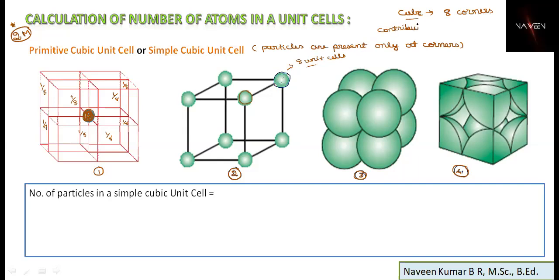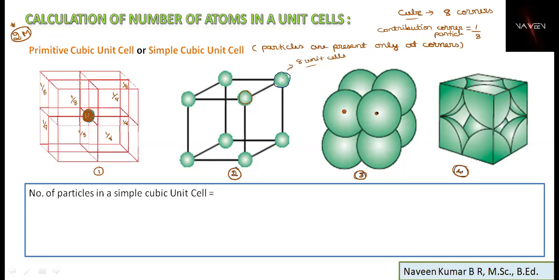Each corner particle will contribute 1 by 8 of its portion to its parent unit cell. Now that you understand how the corner particles are present and how they are shared, you can assume it with this third diagram.